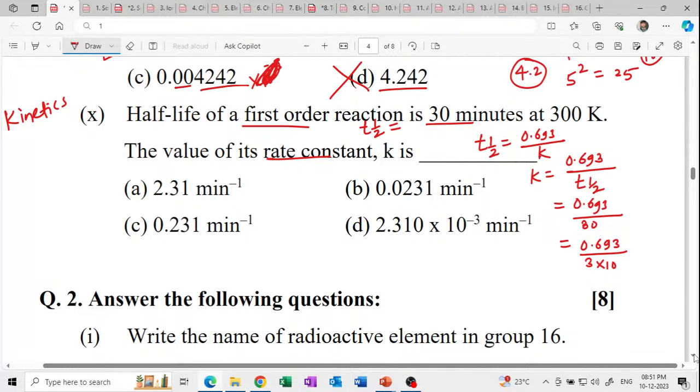This value becomes 0.0693 divided by 3, which is equal to 0.0231. So option B is the correct answer. Please check it out.